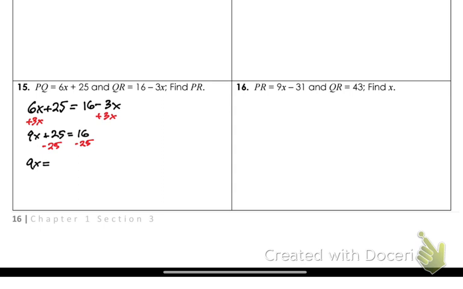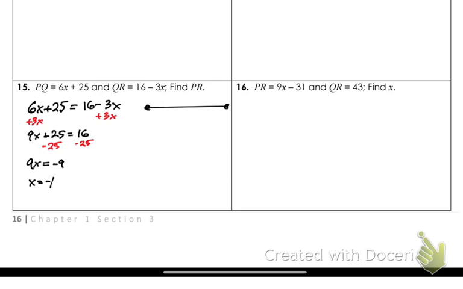What was that? And then I just look it up from here? Well, you kind of work it out from there. So remember, we're trying to find PR, right? We're trying to find PR. PR is our entire length, correct?